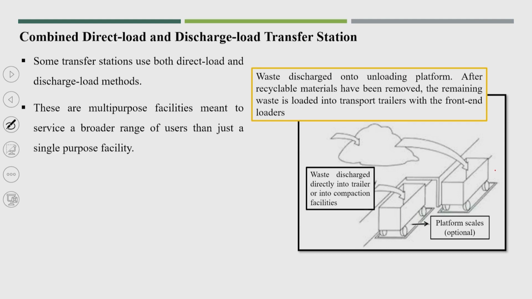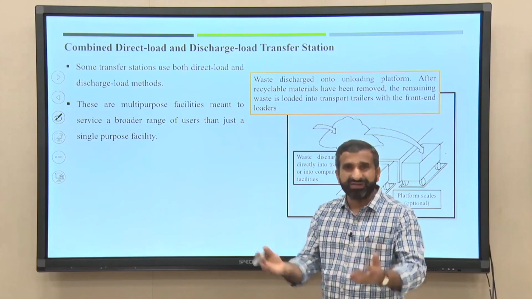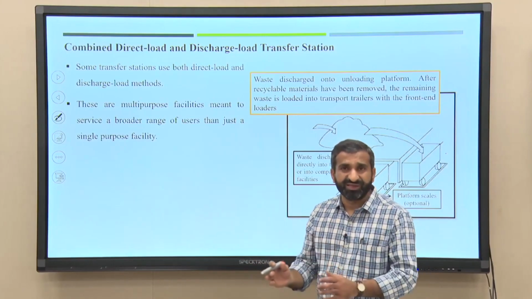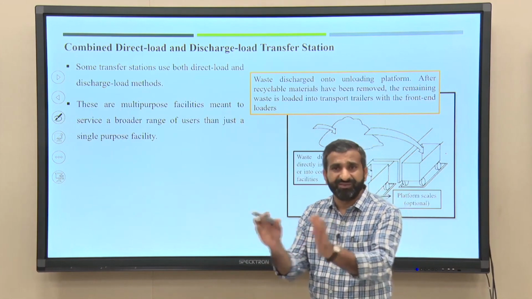What we can plan here: we already know that segregation is one of the important activities. Already under the Swachh Bharat Mission, segregation has started into dry waste and wet waste.